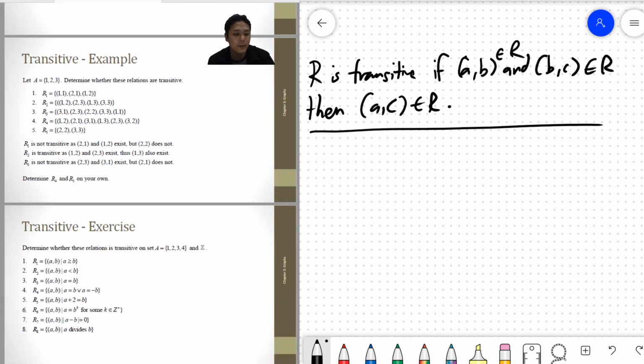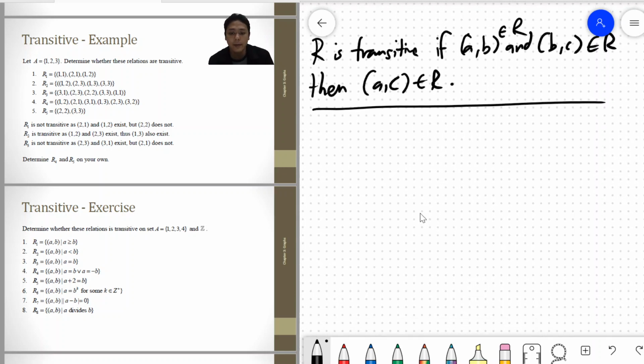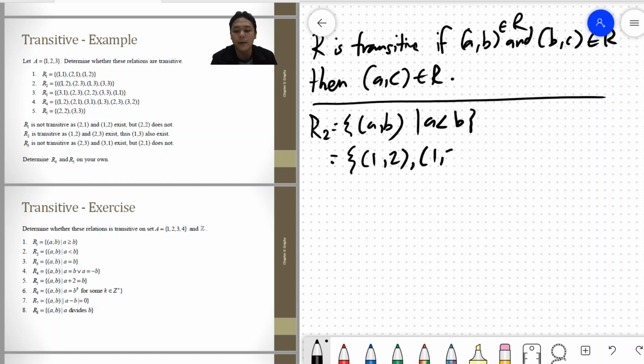Okay, this time I don't want to start with R1, I want to start with R2 first. R2 has ordered pairs, A less than B: (1, 2), (1, 3), (1, 4), (2, 3).